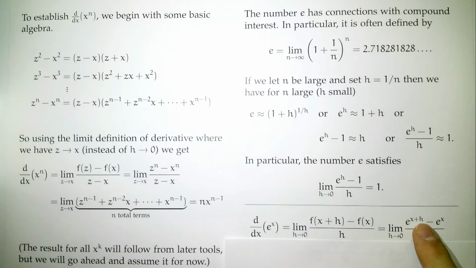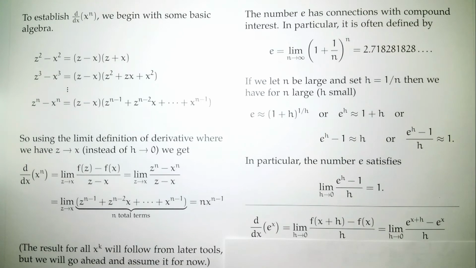Well, addition in the exponent becomes multiplication. So it becomes e to the x times e to the h, which means that both the terms have e to the x inside of them.